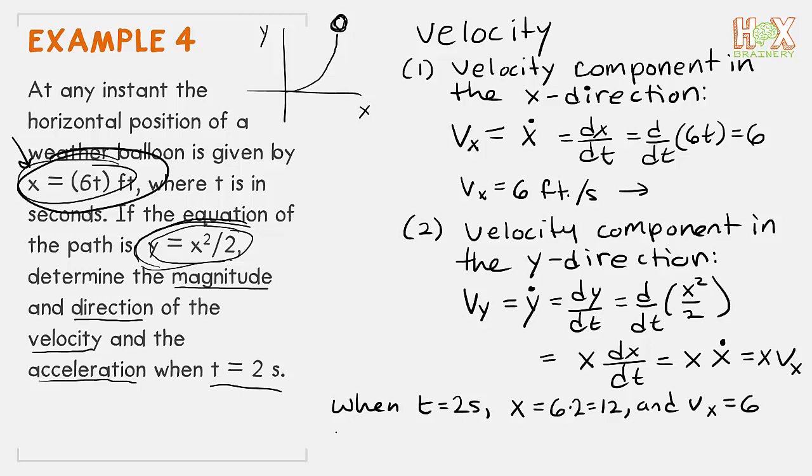So then v sub y is going to be equal to, just using this right here, 12 times 6, or 72 feet per second in the upward direction.